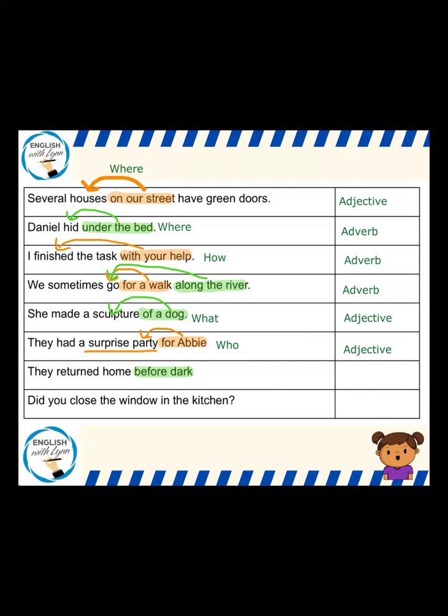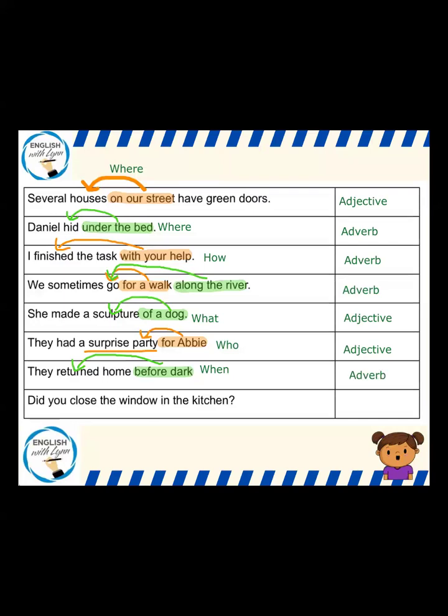Now, I need to look because is it telling me more about their home or more about when they actually went there? And looking at that, I think that it is actually linked to the returning. So it's saying when they returned. Okay. And because return is a verb, this part here, the prepositional phrase, it is acting as an adverb.